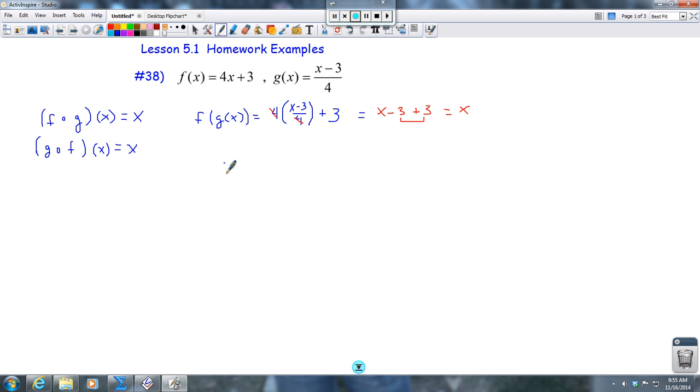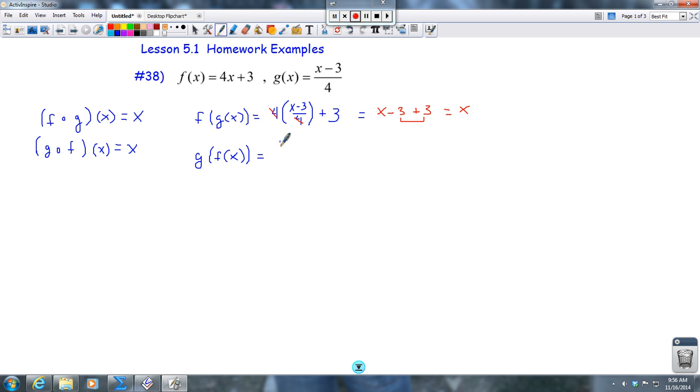Now we're going to go ahead and do the other side, which says that we have to do g of f of x. And this time we're going to take all of f and put it into g. So 4x plus 3, which is f, is all going to go right here on top of this fraction.